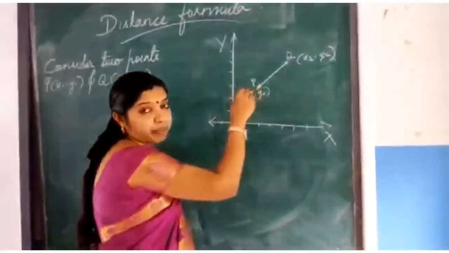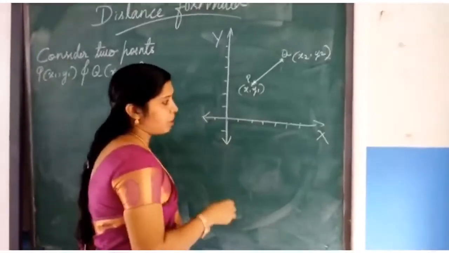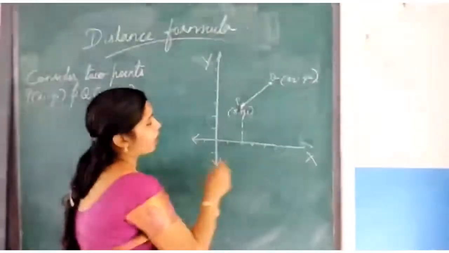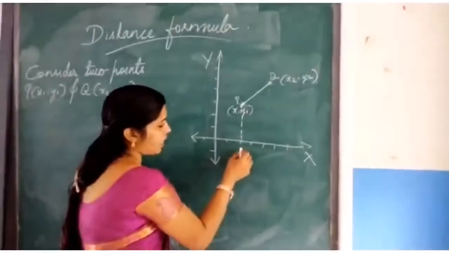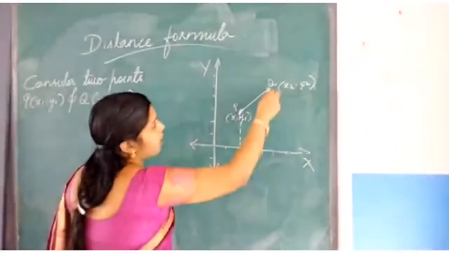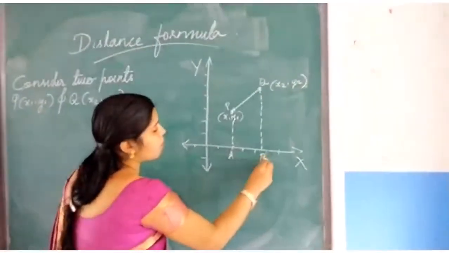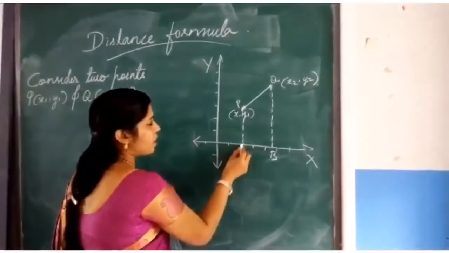Draw a vertical line from P towards the x-axis, and let us mark this meeting point as A. And another one we draw from Q, and we mark it as B. So what is this distance?